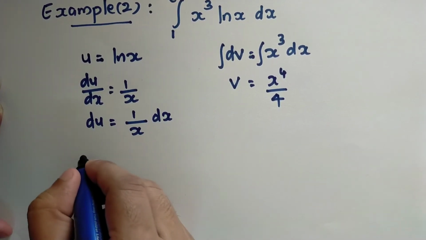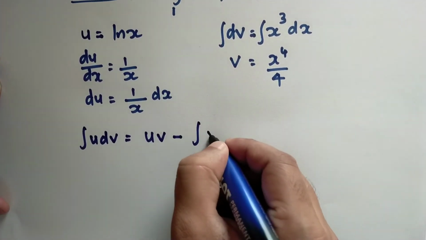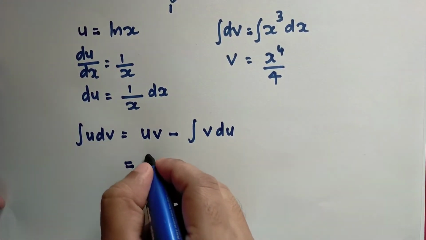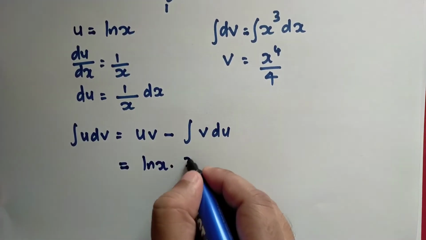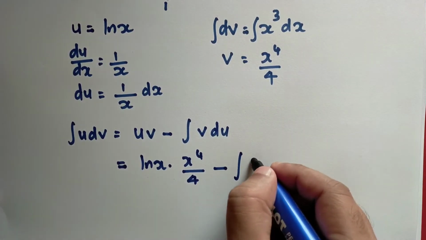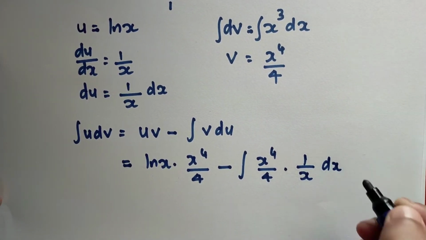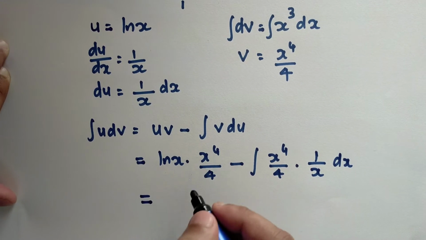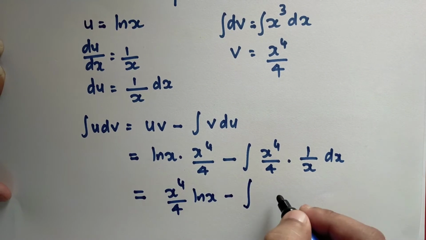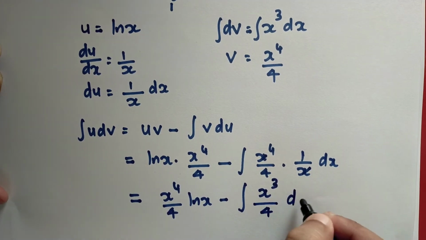Now the formula is integral u dv is equal to uv minus integral v du. This is equal to u, which is ln of x, and v, x power 4 by 4, minus integral v du. v is x power 4 by 4 and du is 1 by x dx. That is equal to this term same, x power 4 by 4 ln of x, minus integral of, here we can cancel one x, so x power 3 by 4 dx.